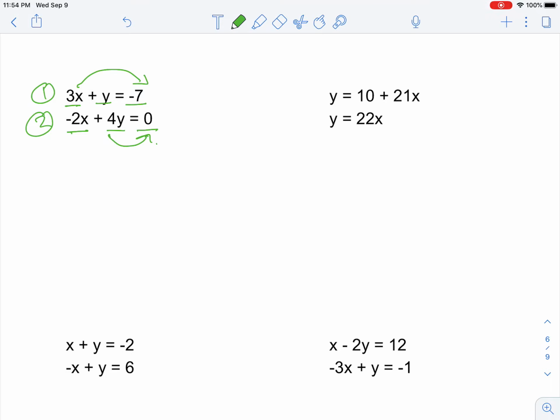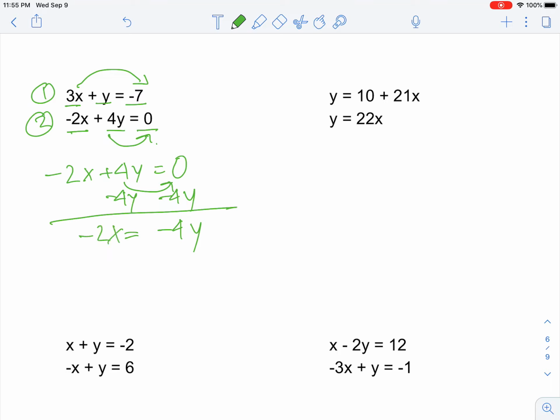So let me do number 2. Negative 2x plus 4y is equal to 0. Now I move over 4y by subtracting 4y on both sides, getting negative 4y is equal to negative 2x. I divide both sides by negative 4, y is equal to 1/2 x.